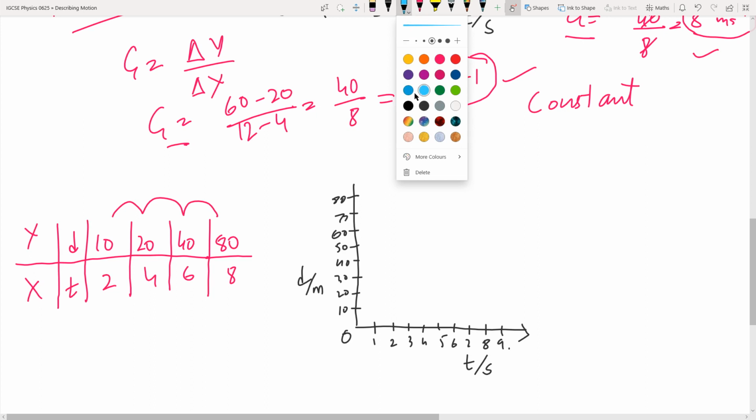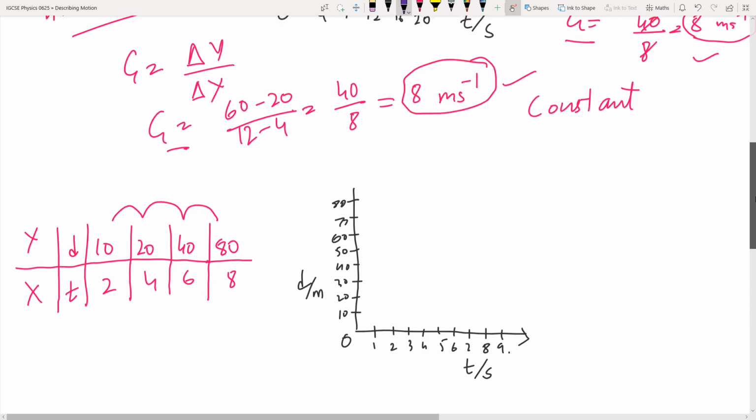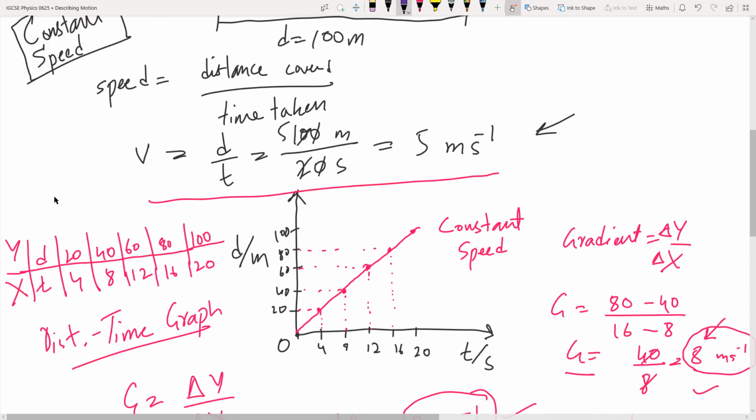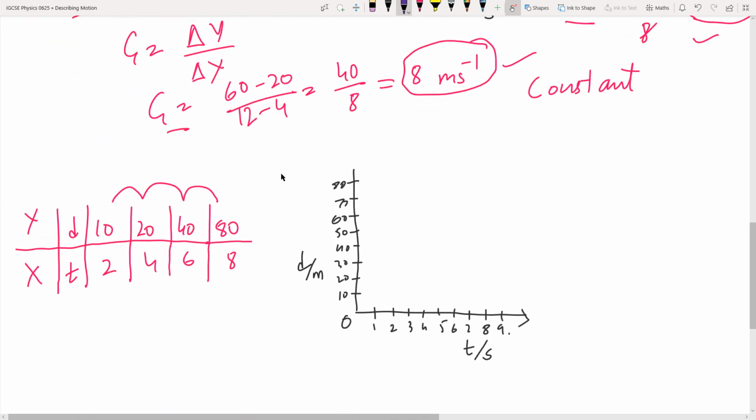I'm going to change the color to a darker blue to differentiate between this graph and this one. Mind you, this is a bit of a different topic we're discussing. This was just an average idea of what speed is supposed to be between two points, but now we're actually plotting values from these charts.